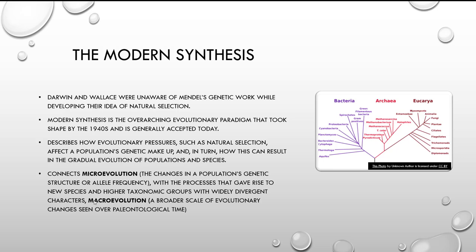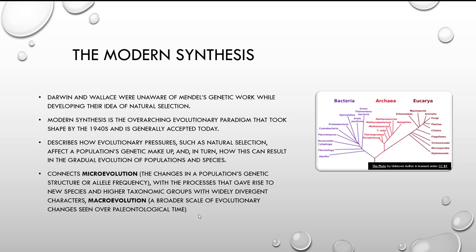We've become new species. We'll talk more about speciation in the third lecture. So this is the idea of modern synthesis, where we're bringing together Darwin's ideas and Gregor Mendel's ideas and putting it all together.